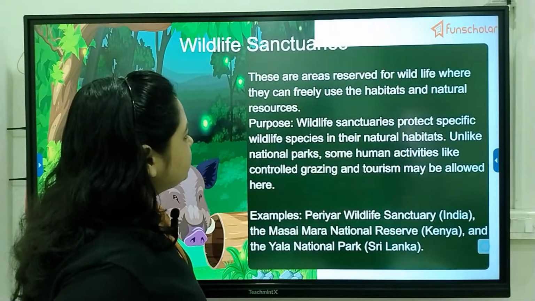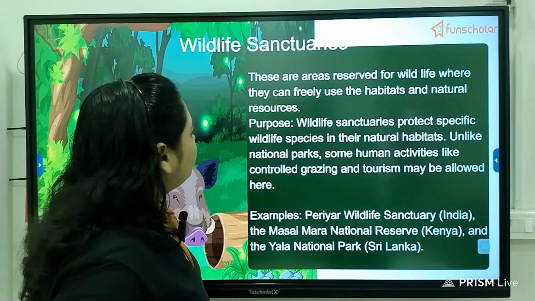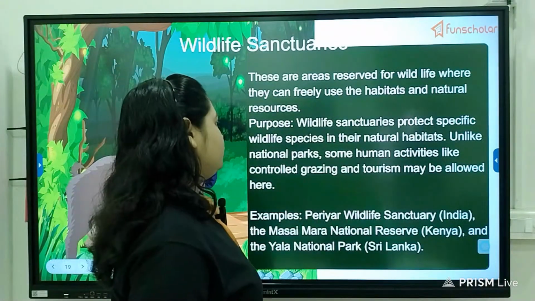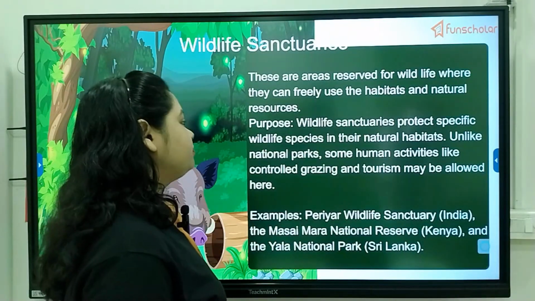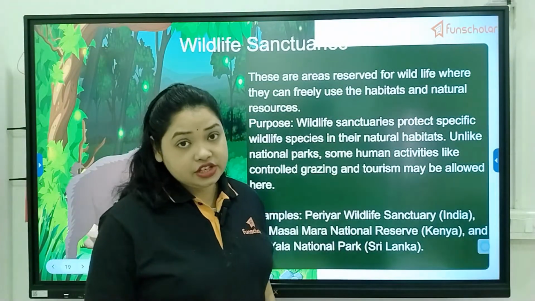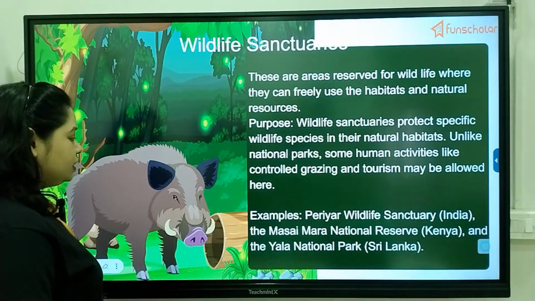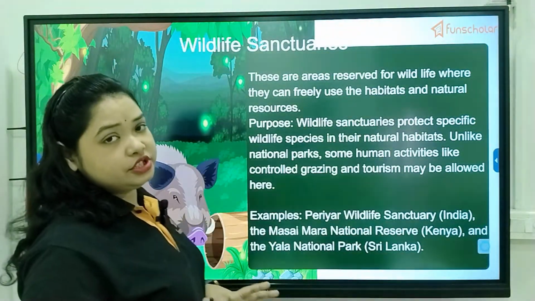Talking about wildlife sanctuaries, these are areas reserved for wildlife where they can freely use the habitats and natural resources. The purpose is to protect specific wildlife species who face the extreme danger of extinction. Therefore, in the wildlife sanctuary, the focus is there, though other species are present.